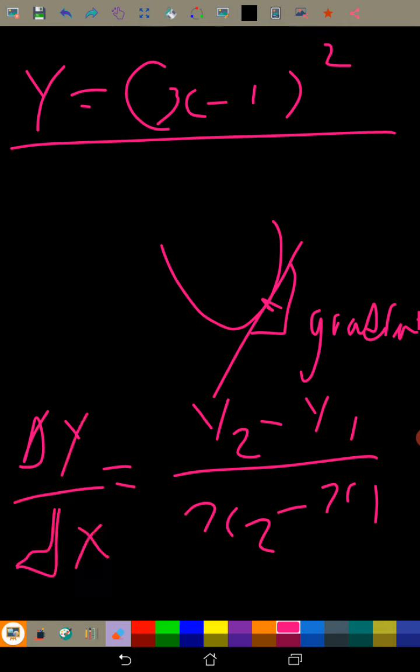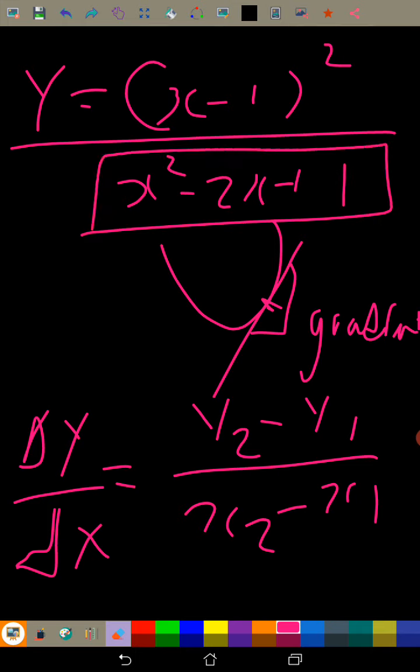We're going to use differentiation, so we can expand this. It's going to be x squared minus 4x, plus 4. So I expand it because that's how you will be able to differentiate it. If we differentiate this, it's going to be 2x, like this.